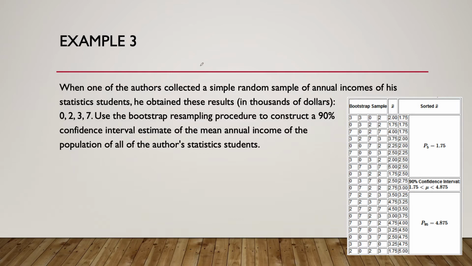So the confidence interval is 1.75 less than mu less than 4.875, again in thousands of dollars.